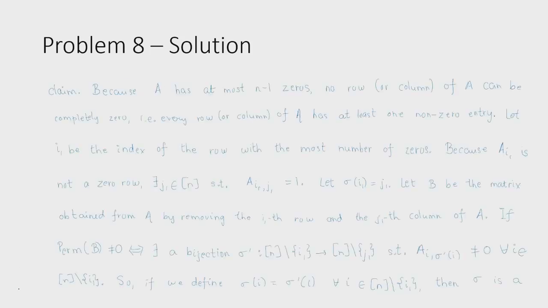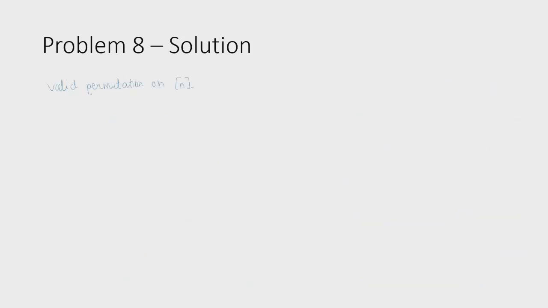Why? Because clearly sigma is a function from n to n. It's also a bijection or a permutation because sigma prime is a bijection, and in the range of sigma prime you won't find J1, which is sigma I1. So sigma is a valid permutation.